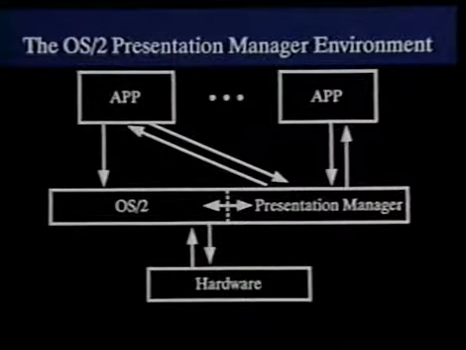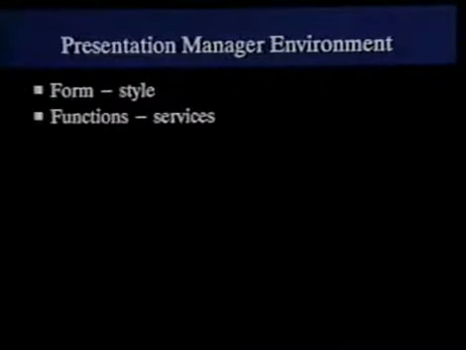All right. At this point, let's look at how an application works within the environment that is provided for us. So I'm going to switch over here and look at an actual demonstration.